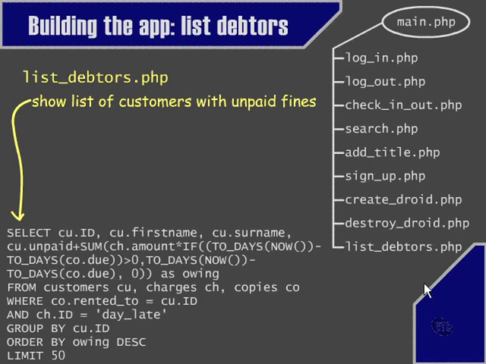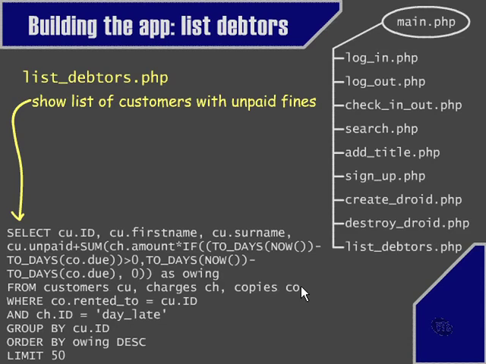First of all, if we look at the from clause here, we'll notice that all the information is being pulled purely from the customers table, the charges table and the copies table. The charges information is only accessing the amount that has to be paid per day late. So that table is not even joined onto the others.